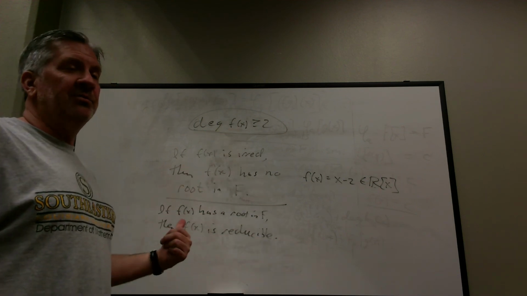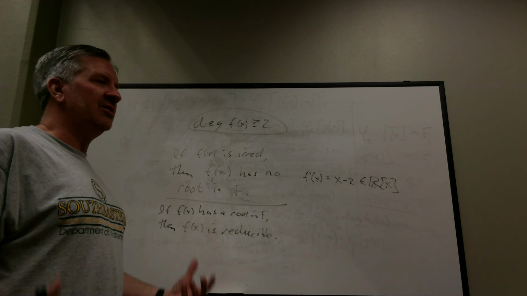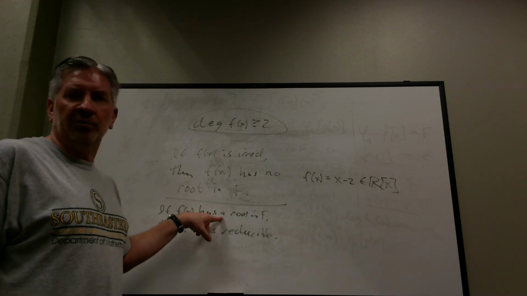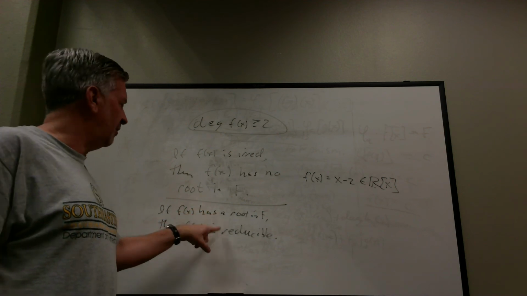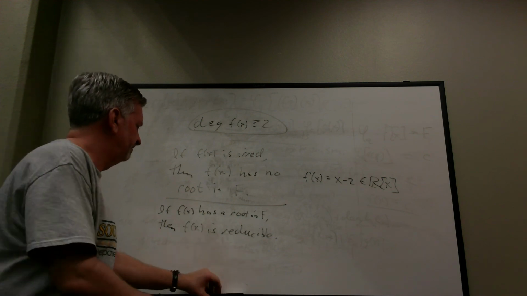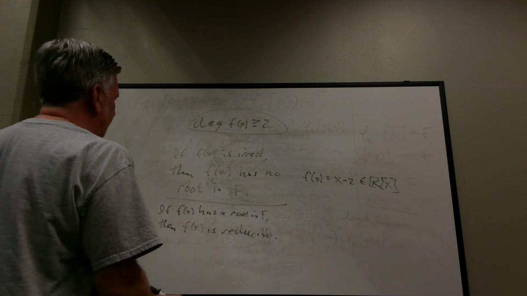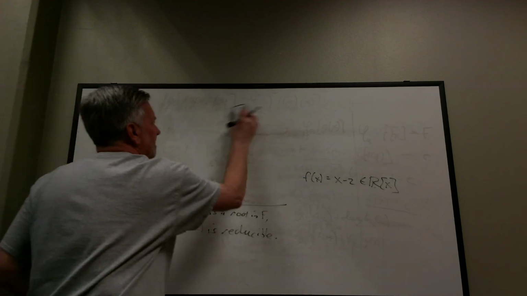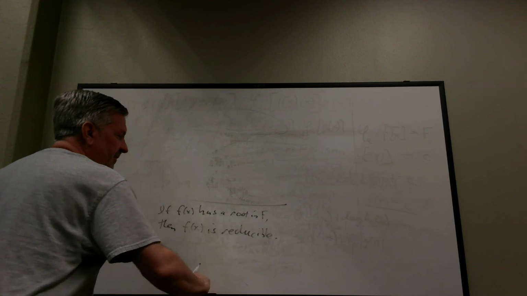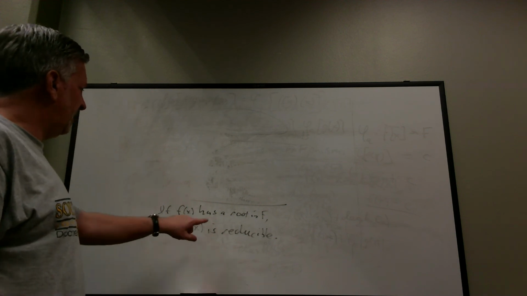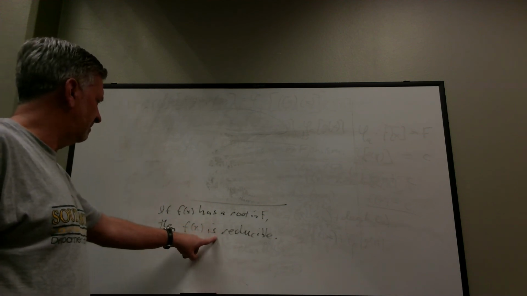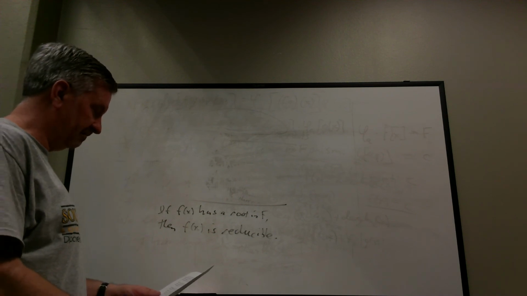So this theorem tells you, how do you show a polynomial is reducible? Find a root. So as soon as you find one root, the polynomial is going to be reducible. Now we have to be careful here. The converse of this is false. Let me go back to the statement we had before.